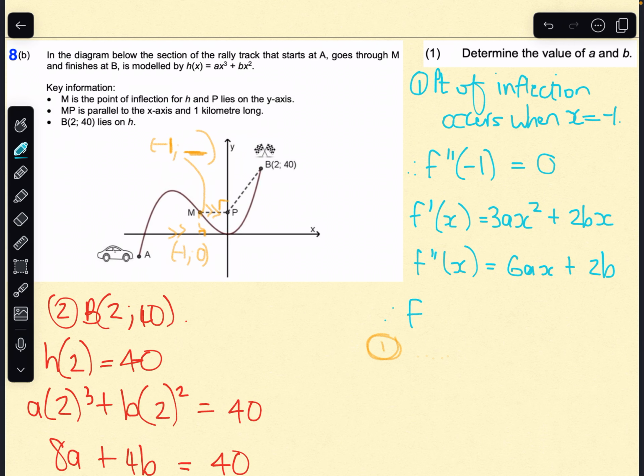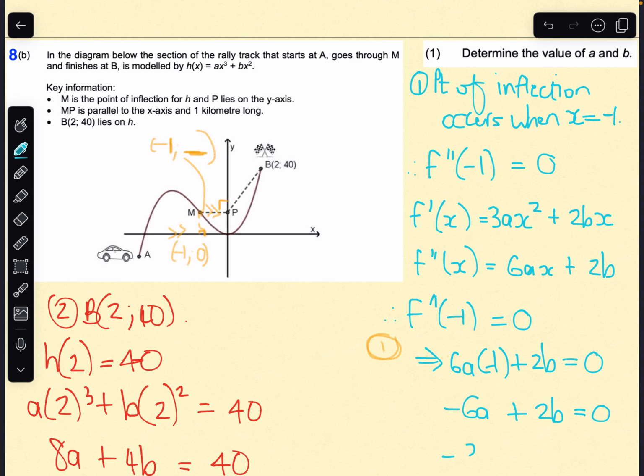And so if we're saying f double prime of negative 1 is equal to 0, what that means is 6a times negative 1 plus 2b is equal to 0, which means negative 6a plus 2b is equal to 0. I can simplify that by dividing through by 2. So that will be negative 3a plus b is equal to 0. So that's actually my first equation, not my fraudulent one from before.